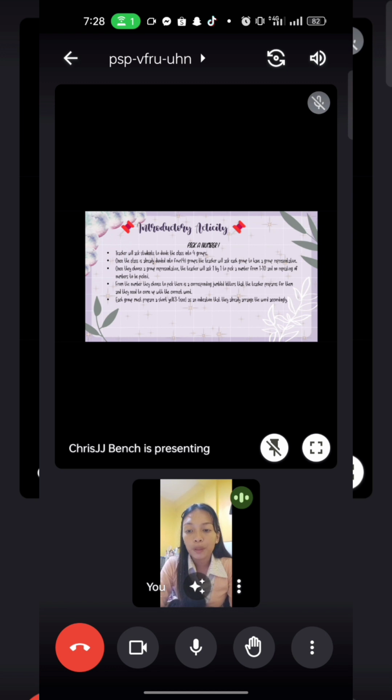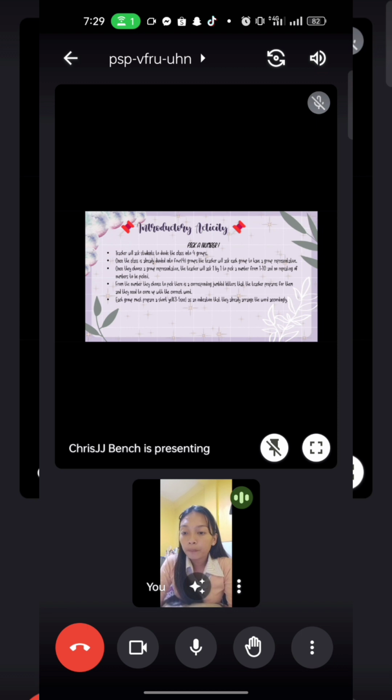One by one, they pick a number from 1 to 10, with no repeating of numbers. Each number has corresponding jumbled letters that the teacher prepared, and they need to come up with the correct word. Each group must prepare a short yell, 3 to 5 seconds, to indicate that they already arranged the word. Are you ready?